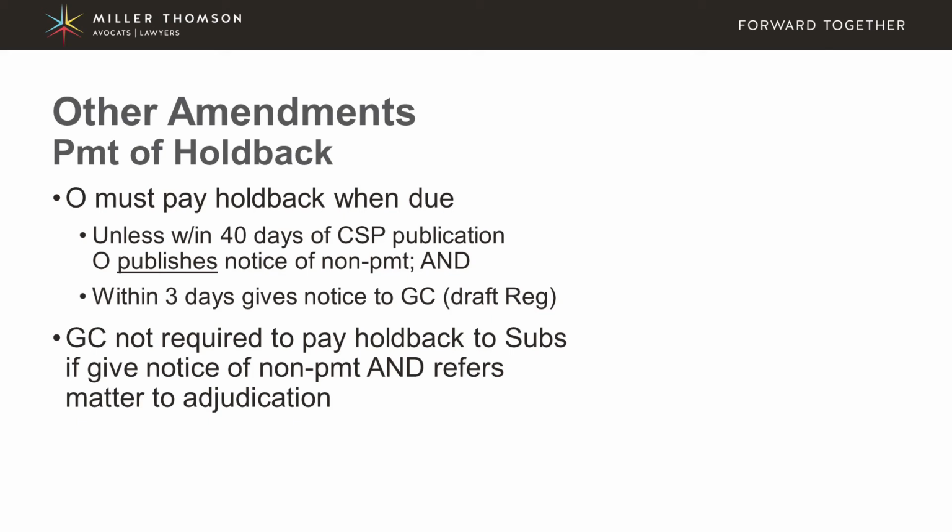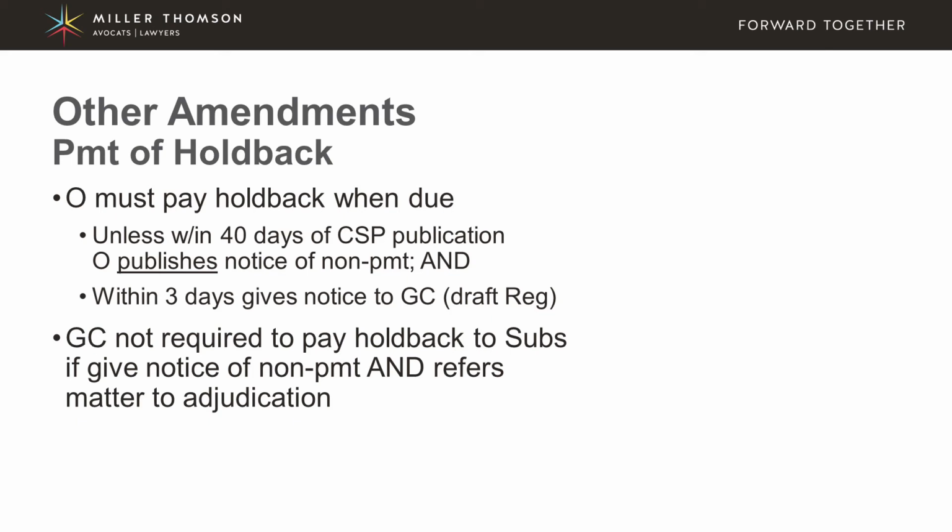So with this new amendment, within that 40-day period of that CSP being published, the owner has to publish also a notice of non-payment, again signifying to the world, I'm not going to be paying this holdback, and there for whatever reason the owner has. And they also have to give a notice that they're not going to pay it to the general contractor.